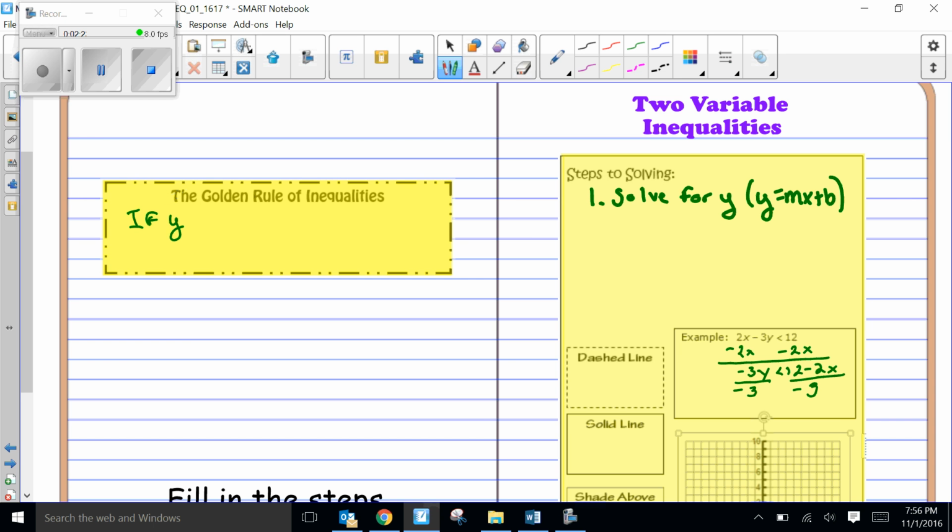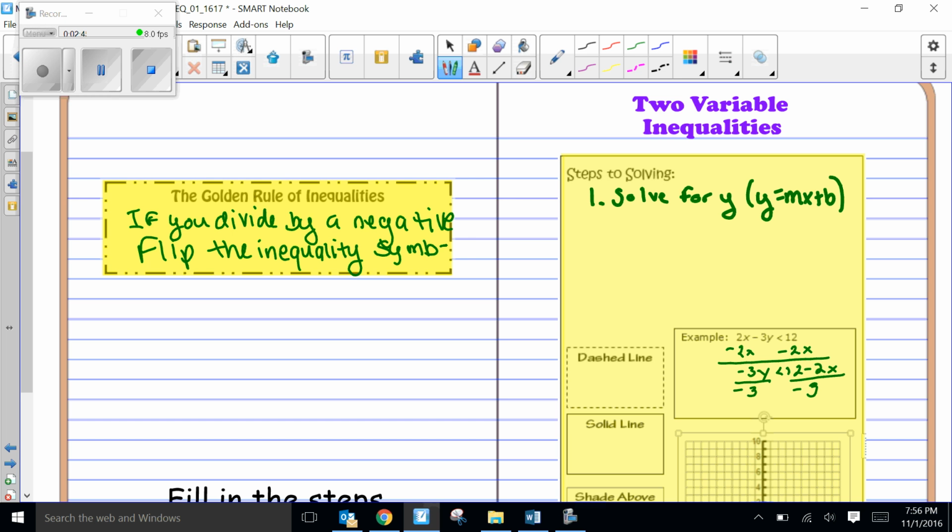If you divide by a negative, you flip the sign. So you're flipping the inequality symbol. If you divide by a negative, flip the inequality symbol.